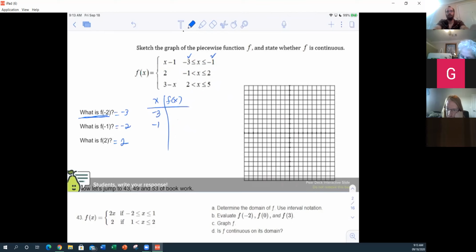And because there's equal symbols, they're going to have solid dots. -3 minus 1 is -4, and -1 minus 1 is -2. So that's the first little section I'm going to draw, from -3, -4 to -1, -2.